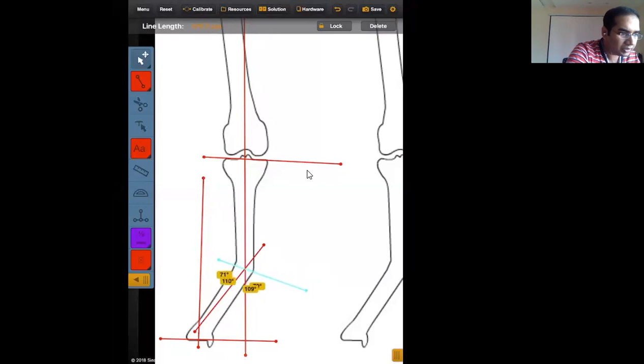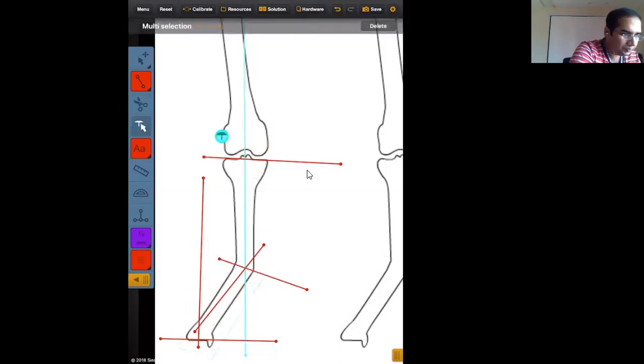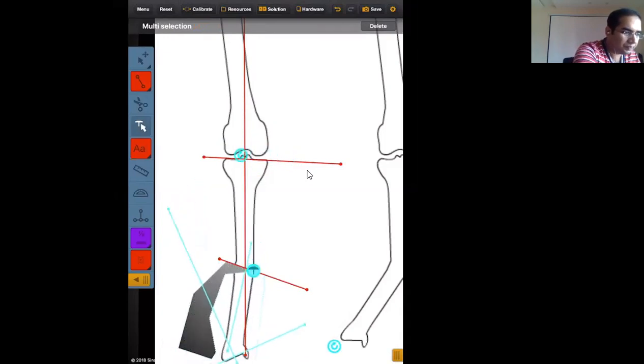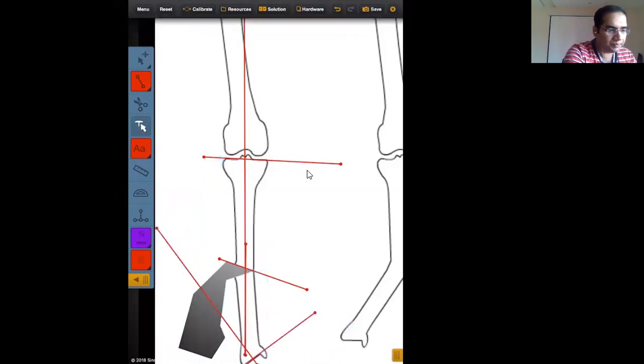Okay, this is a bisector. Let us do an osteotomy here. Now, we're doing an opening wedge. Now look what has happened.